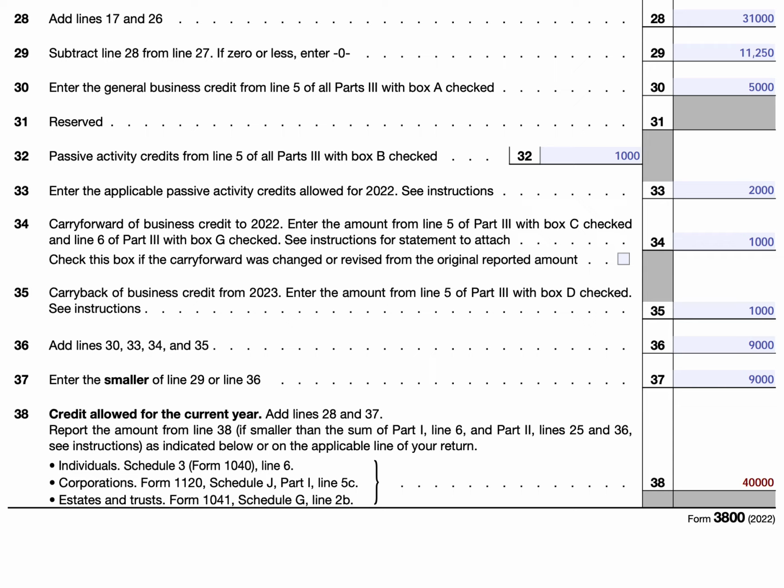There is instruction on what to do with the remainder amount. That has to do with carrybacks and carry forwards of unused credits. So that is probably a separate discussion that's a little bit outside of the scope of this video.